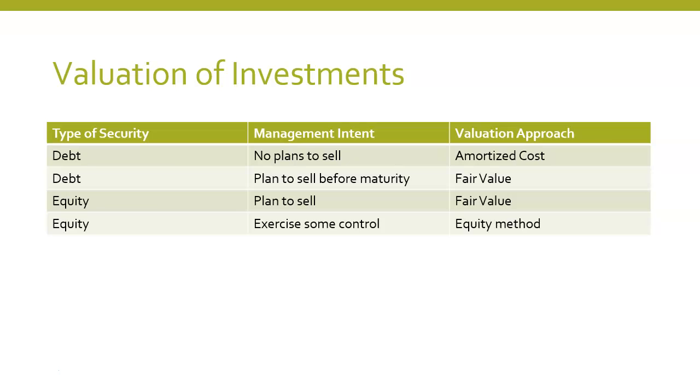Finally, what if we have an equity and we actually have some control, like that example where Pepsi has some control over the bottling company that it invested in? Well, then we're going to use a valuation approach called the equity method, in which we are incorporating some of the assets, liabilities, revenues, expenses, etc. Some of that is being incorporated into our own financial statements, into our own books.